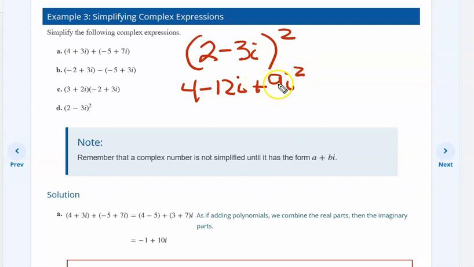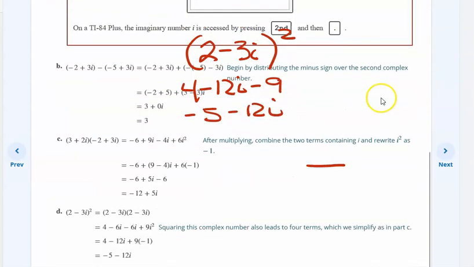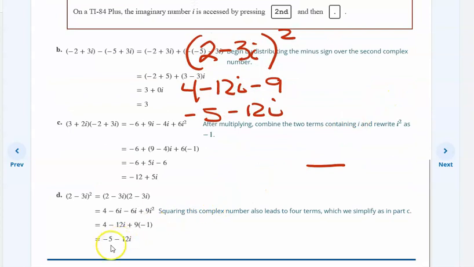So this value here is going to become a negative 9. So I'll erase it and change it. Now we have 5 minus 9, which is going to be a negative 5, and a negative 12i in its complex form. And let's just scroll down and check it out. Negative 5 minus 12i. And you see the protocol of getting there.